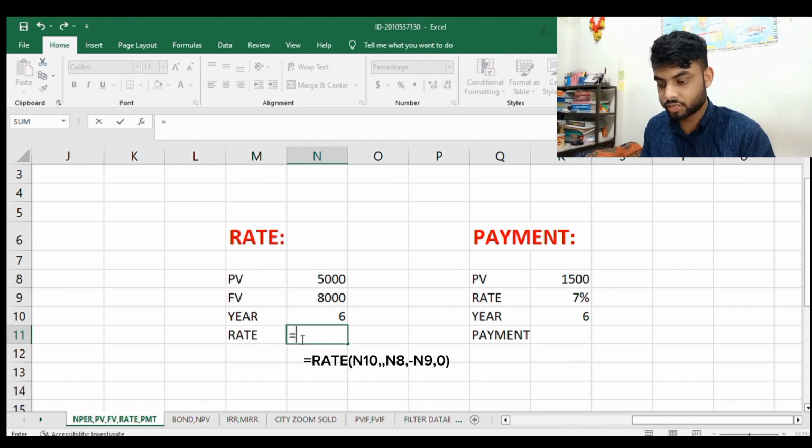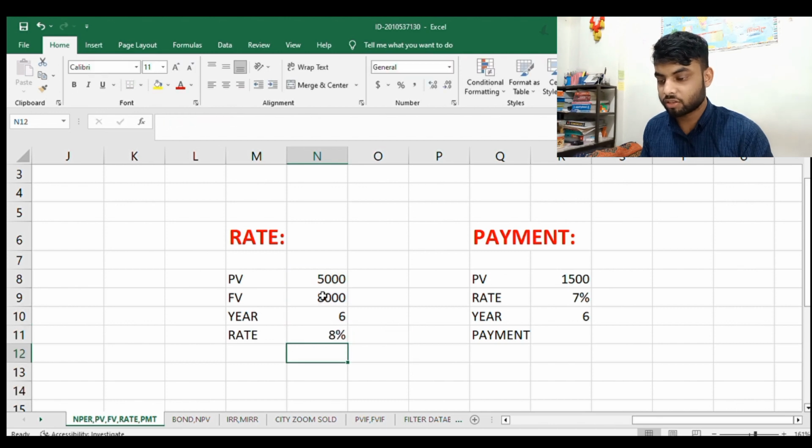So we need to insert first the number of periods, 6, then comma, payment is not here, present value 5,000, then future value. We use minus before inserting the future value because it is a cash outflow. Then type is end of the period, so we insert 0, then close the bracket and enter. Here we can get our interest rate, 8%.